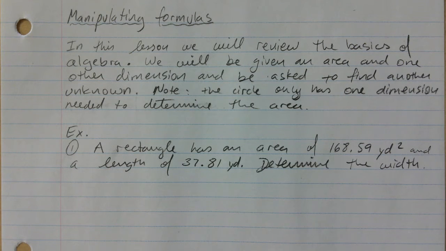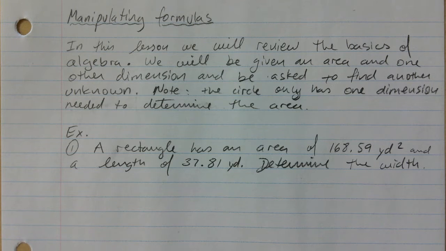So the first example, it says a rectangle has an area of 168.59 squared yards and a length of 37.81 yards. Determine the width. We just wrote an AC, and I did not stress the fact that units are extremely important, right?